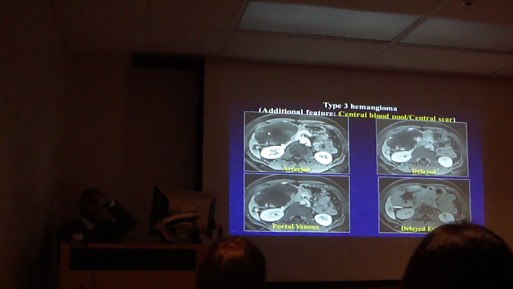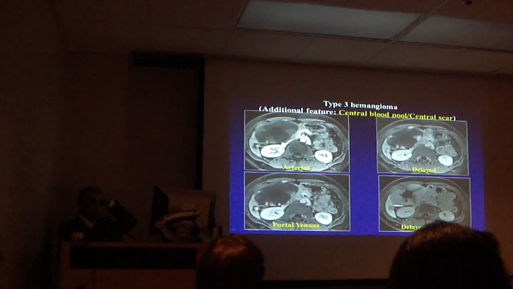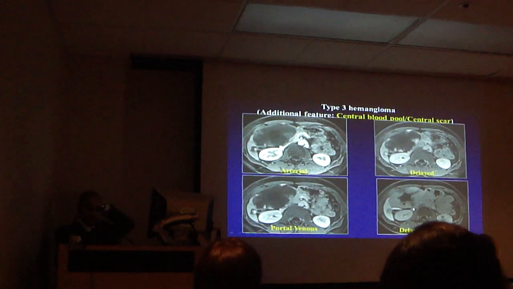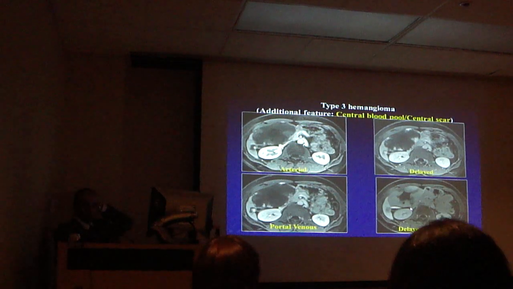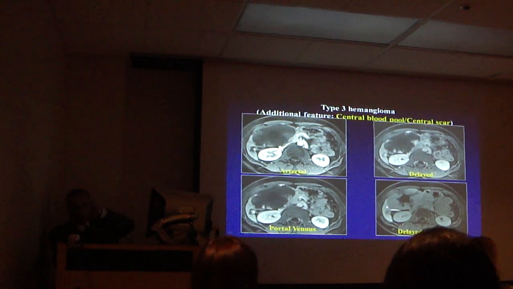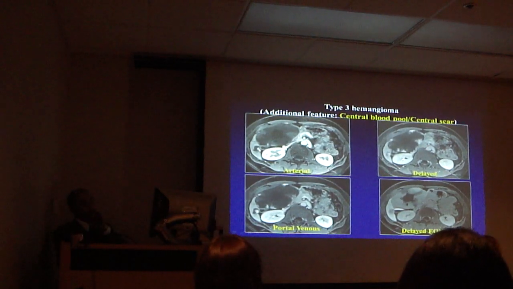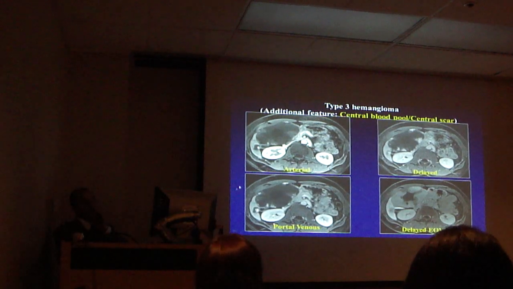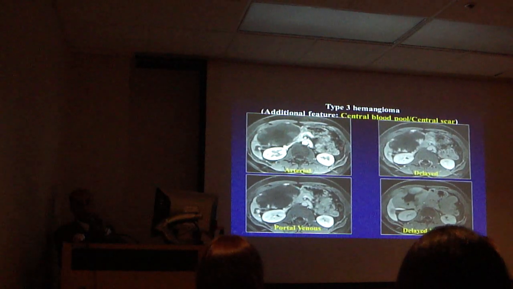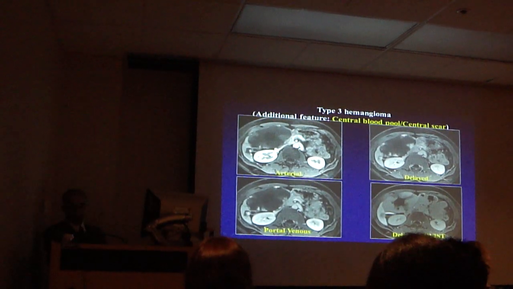On arterial phase, you can see slight blush. It's progressively filling in, but does not completely fill in. On delayed Eovist, it's not taking up Eovist because it is hypointense to the liver, correct? Look at the second lesion. What is the second lesion doing? It is also progressively filling in. This is a type 3 hemangioma and this is a type 2 hemangioma.